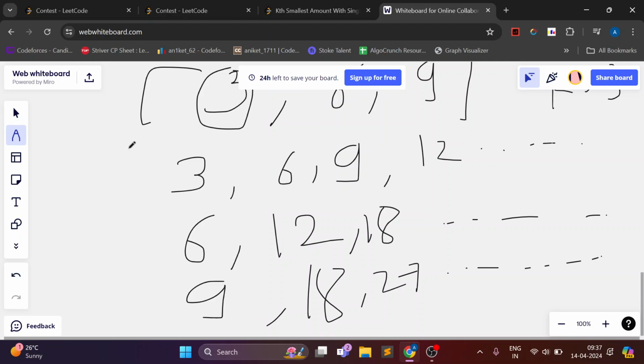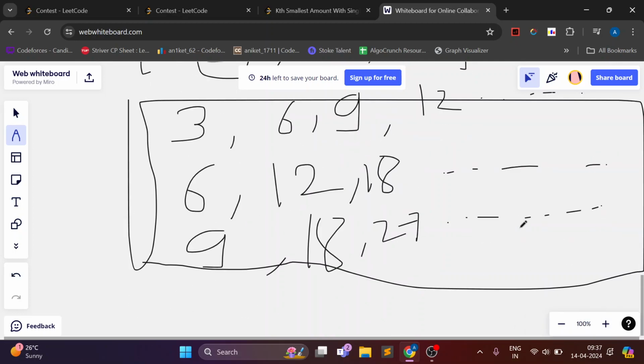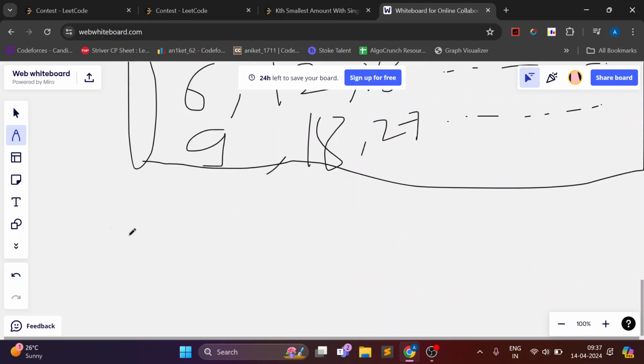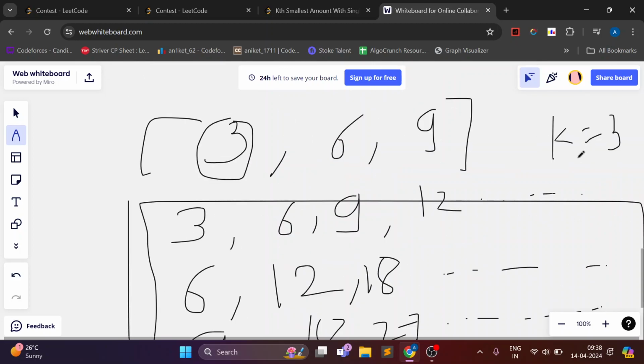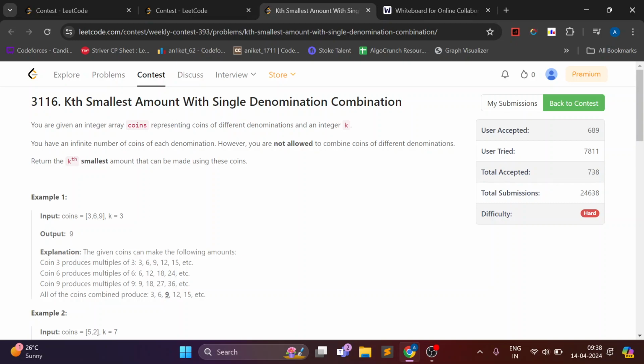Now if we put all these numbers in a set, our set will look like 3, 6, 9, then again 12, and up to infinity. Now in this set we have to find the third element, so this third element, and our answer is 9.